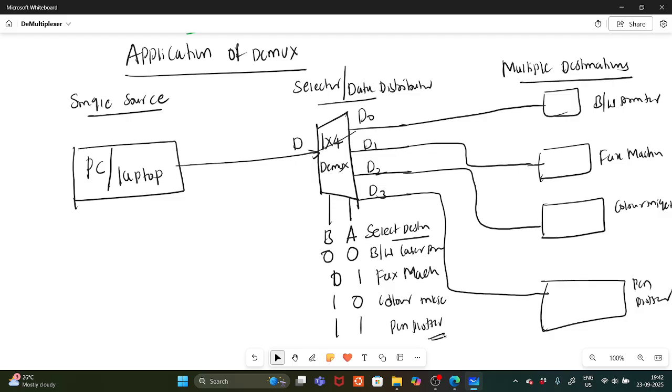Like this we can design the demultiplexer.